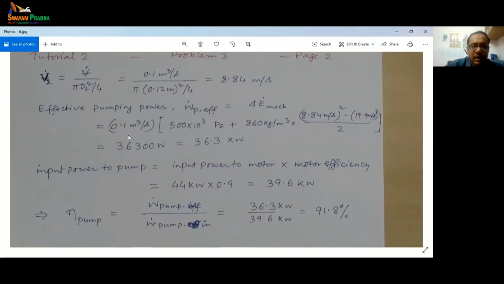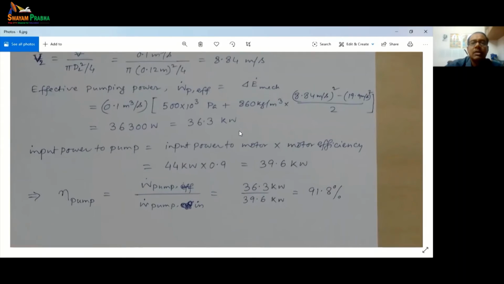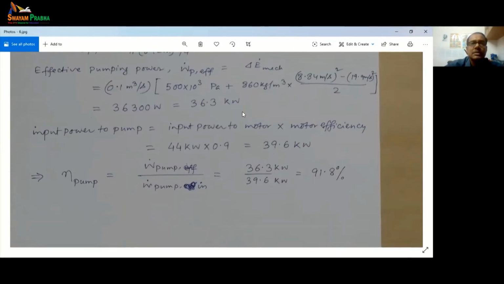Again, I am not going through it, I have just put in the values here, and we will find that the effective pumping power, which is the same as the amount of mechanical energy change of the flow the pump is causing, is 36.3 kilowatt. Okay, so that is the effective energy the pump is inputting into the flow. That's the best way to put it.